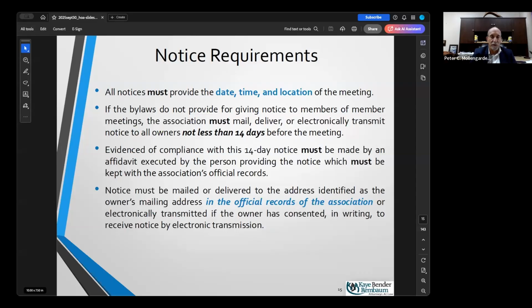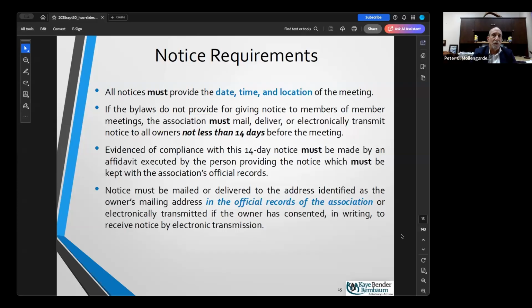As I mentioned above, notice must be mailed or delivered to the address identified as the owner's mailing address in the official records of the association or electronically transmitted to the owner. Now, you can only send notice by electronic transmission, i.e. email or facsimile, these days it's usually email, to those owners who have consented in writing to receive their notice of meetings by electronic transmission.